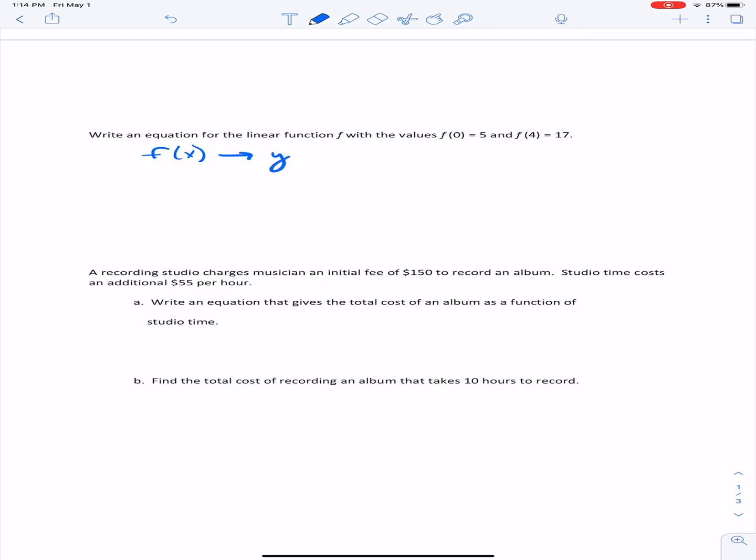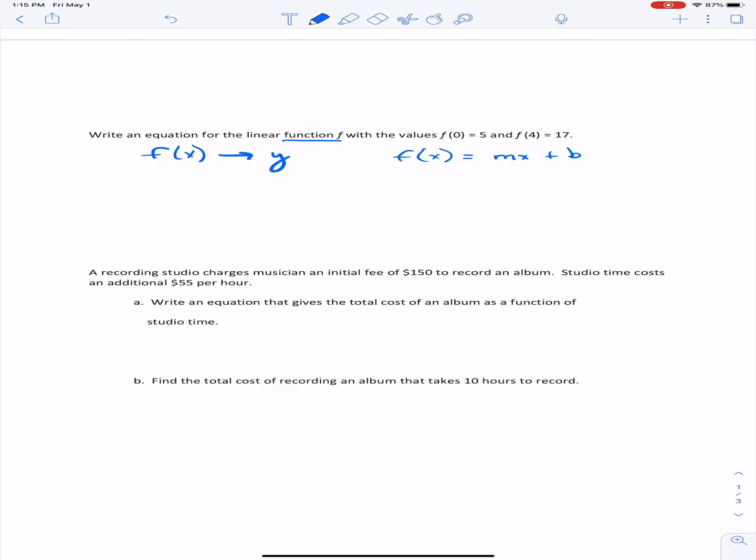So it's just a fancy way of writing y. What we need to do in this case is write our equation like a function, because they asked us to. So instead of y equals mx plus b, our new equation is going to be f of x equals mx plus b, because it's the function of x.